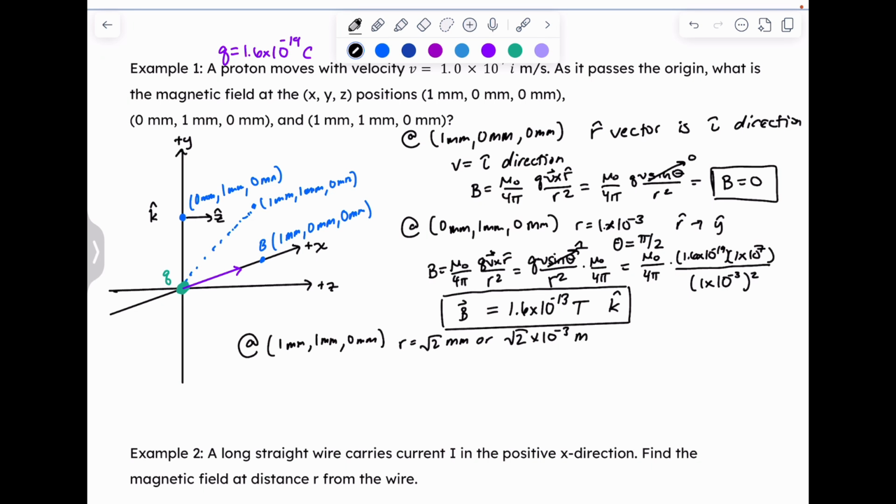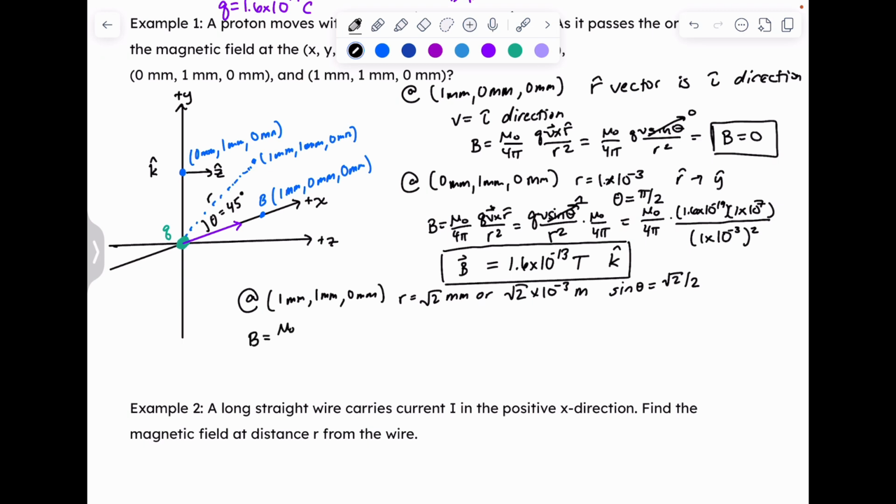That's the length of this distance here. And this theta between v and r is 45 degrees, so sine theta is root 2 over 2.